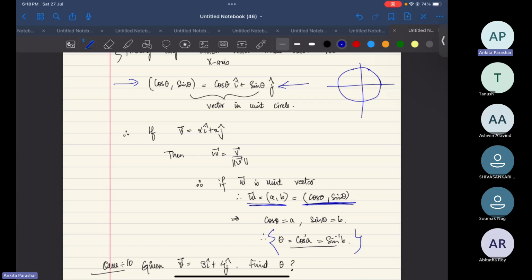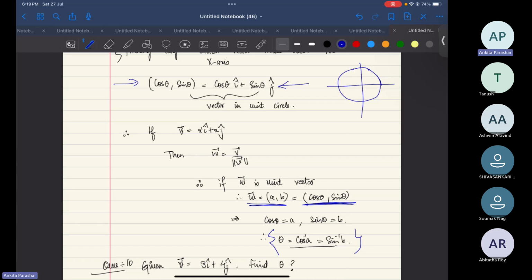Is this okay? Is the idea clear, what we are trying to do? Any vector, we are pushing it to the unit circle, and there I know that any vector on the unit circle has to be of the form (cos theta, sin theta), and then I will simply take theta from there.